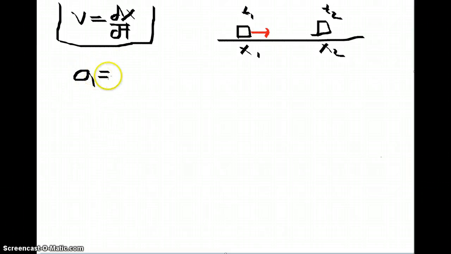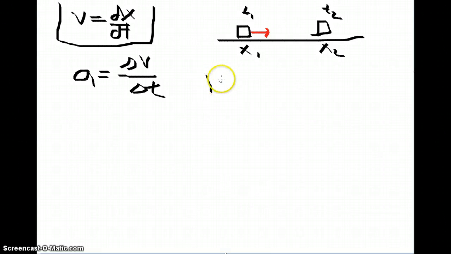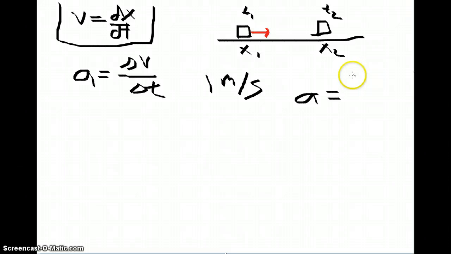Well, acceleration is equal to the change in velocity over the change in time. So if we're thinking of something that may move at 1 meter per second, and every second it goes faster by 1 meter per second, then acceleration might be described as 1 meter per second every second: it increases its speed by a meter per second.